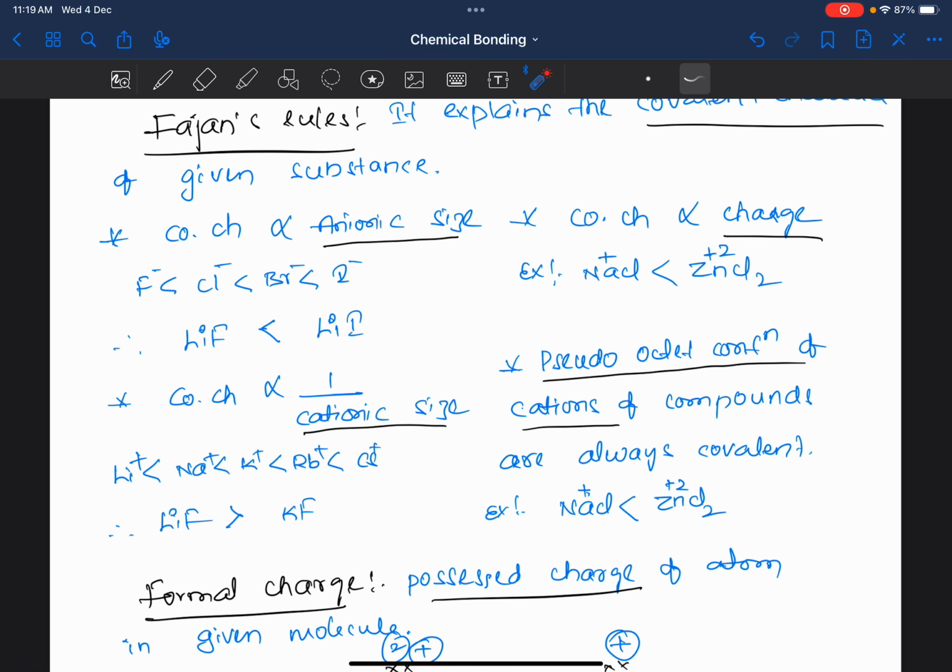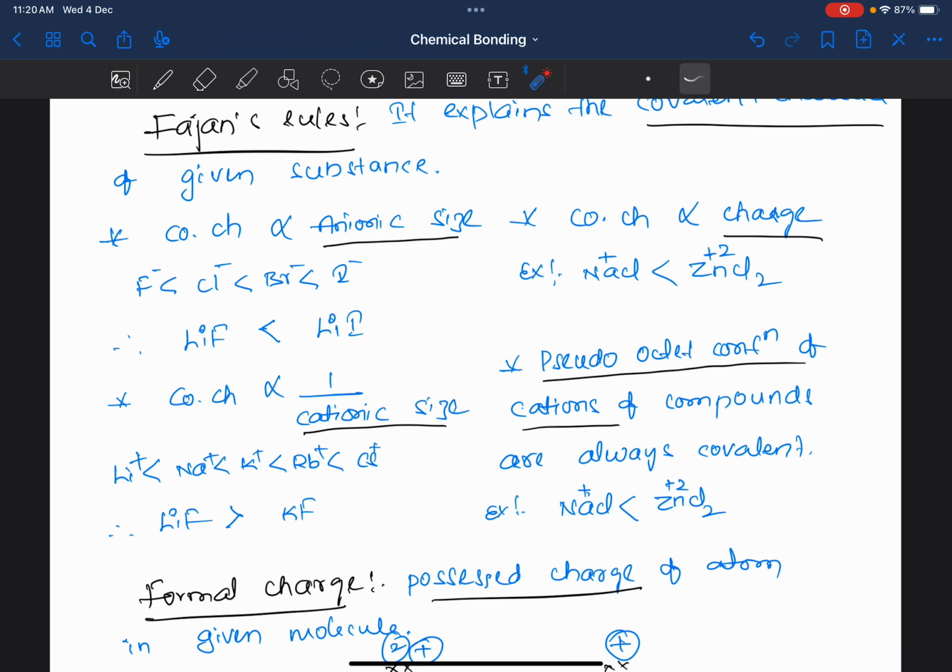Therefore, for a given anion, meaning in these two compounds the anion, fluorine, is common, just compare the cations only. For small size of ions only, covalent character is more. So in lithium fluoride and potassium fluoride, lithium fluoride is more covalent than potassium fluoride.